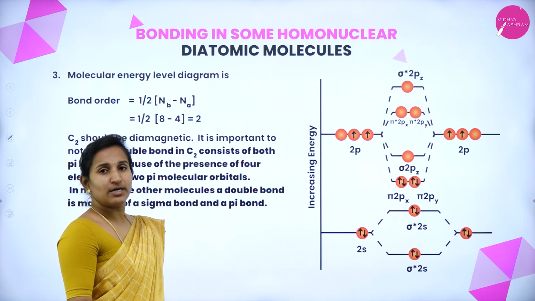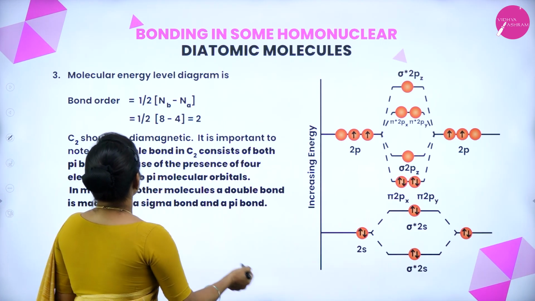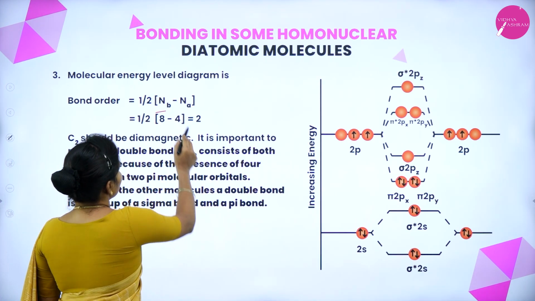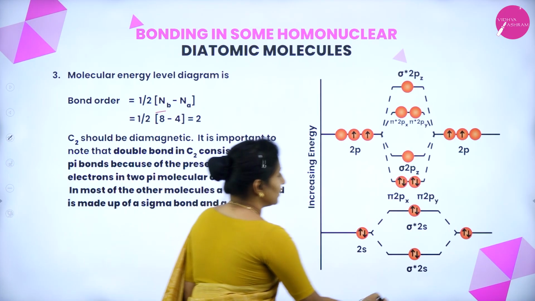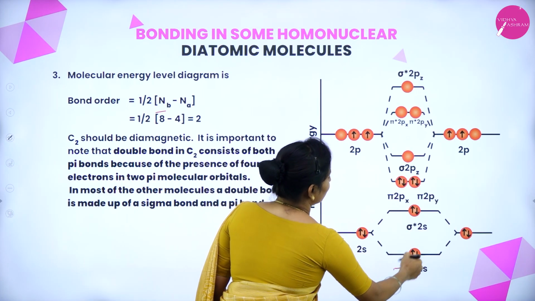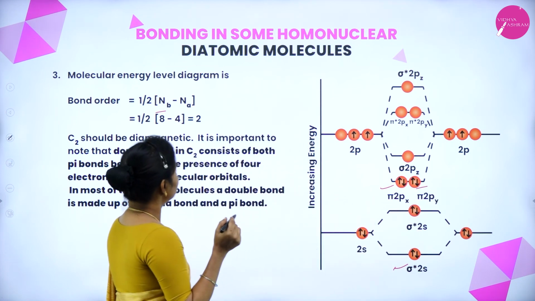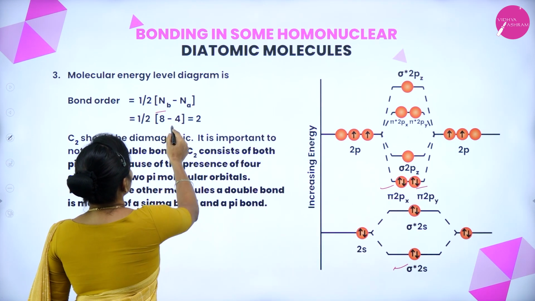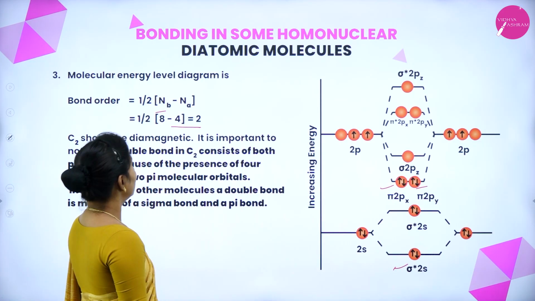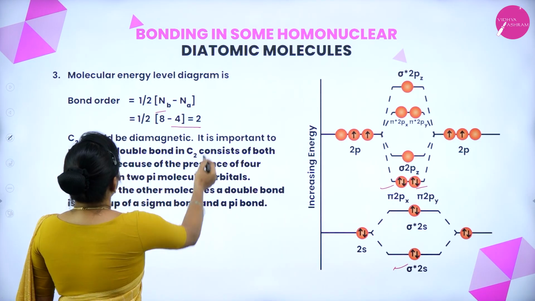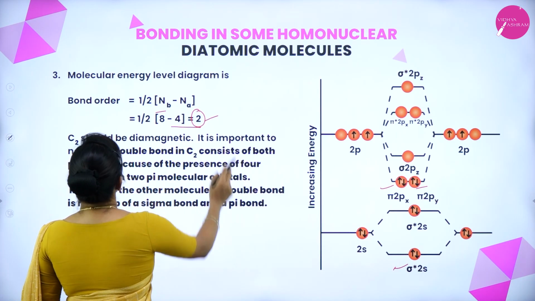The bond order in the C2 molecule: the number of electrons in bonding orbitals is 8, and the number of electrons in anti-bonding orbitals is 4, so the bond order is 2.